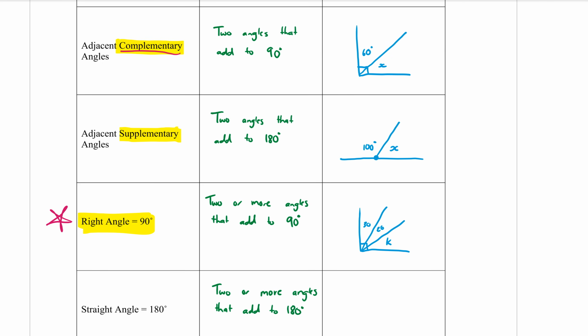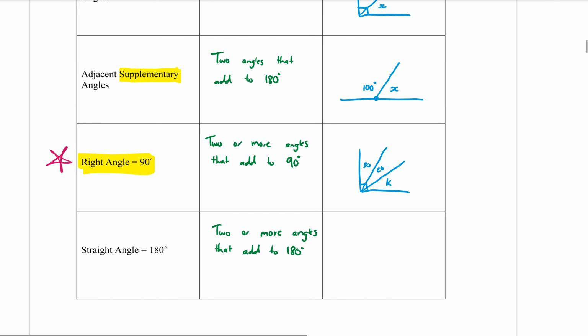Likewise with this last reason, the last one is straight angles are equal to 180 degrees. That is two or more angles that add to 180. So we have our straight angle again, and we're going to cut that up into as many different angles as we like. Let's say this one's 50, this one might even be a right angle, and I could find that angle over there.